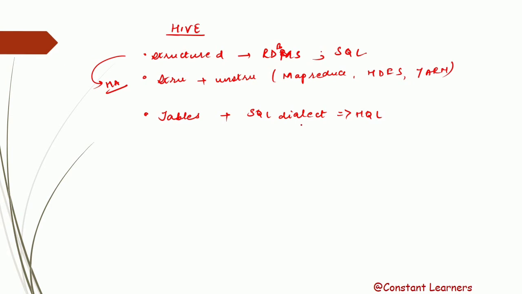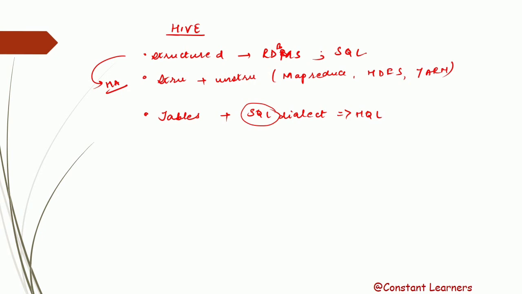Dialect of SQL means the commands, the words that are used in HQL, are similar to SQL. So it is not difficult to learn this Hive query language and be able to query Hive. So this is the basic thing about how Hive came into existence and what the process of Hive is.